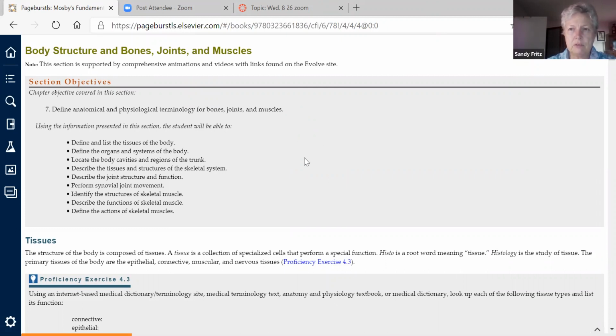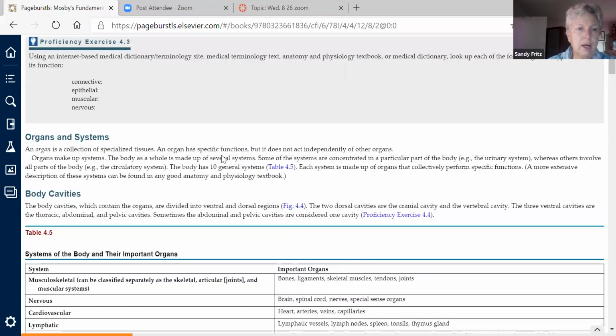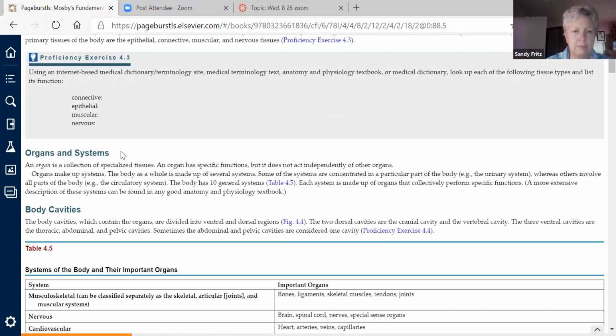It's meant to be in the book in order to support learning how you would use this language for assessment and documentation. So do the activities and the proficiency exercises. They're helpful. They're using that idea of transferring short-term memory to long-term memory.